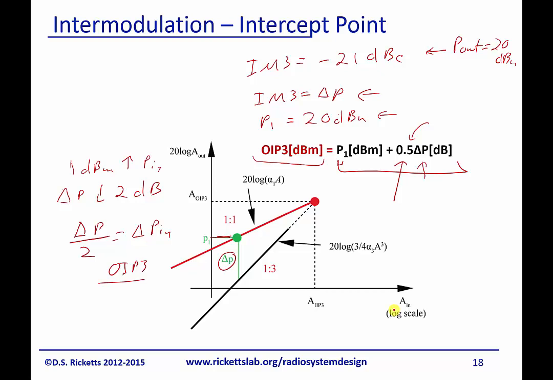Okay? Once again, just using the slopes and the geometries there. So here's the equation that you can use, but I always get confused about where this 1/2 comes from, and it comes from the fact that the difference changes by 2 dB per 1 dB of input, even though this is increasing by 3. The confusing part is this increases by 3, this increases by 1, and you need to realize that the differential increase is just 2 dB.